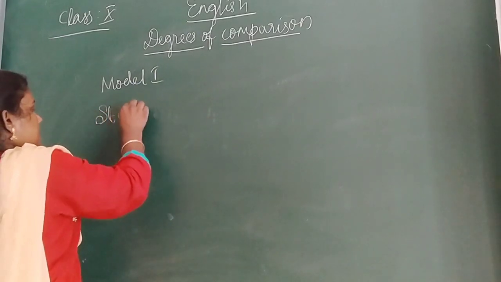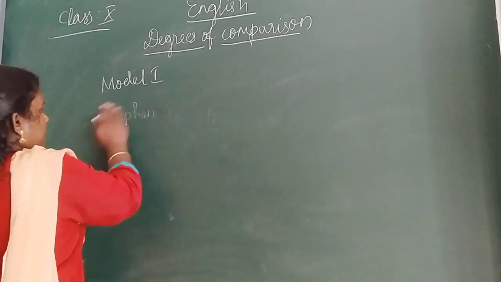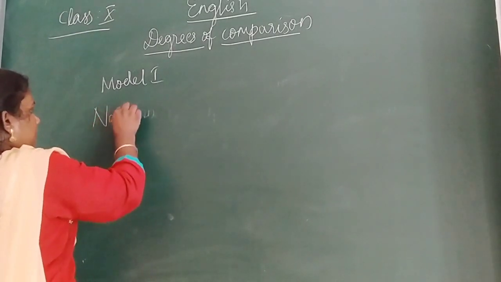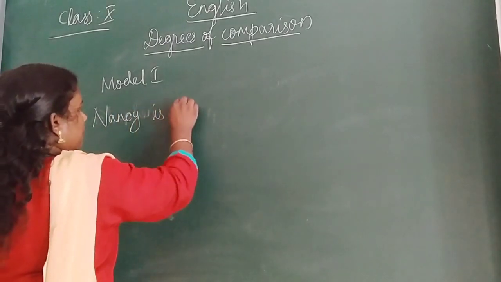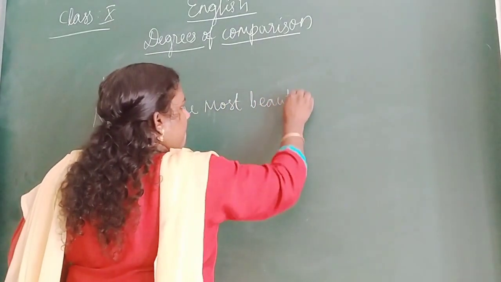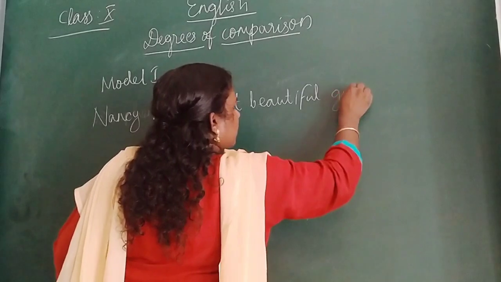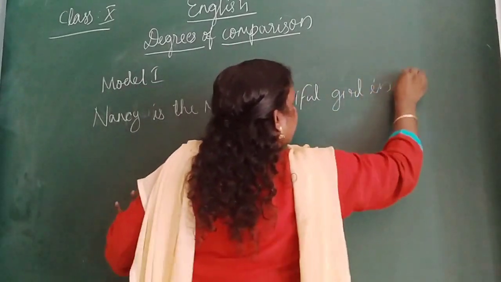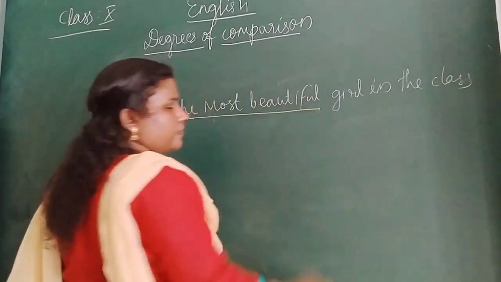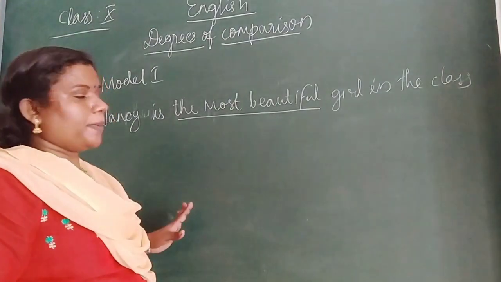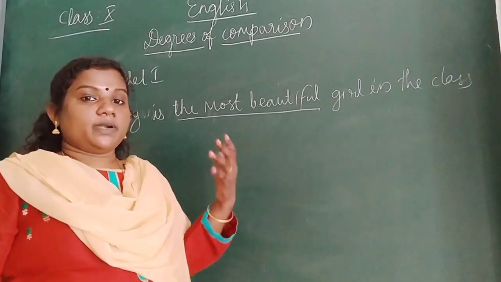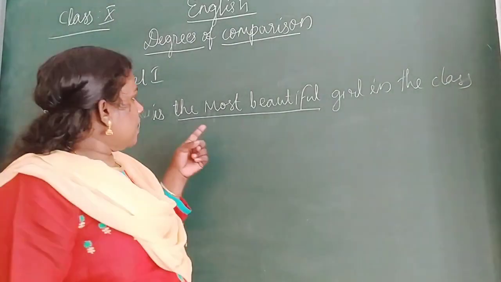The question is like this: Nancy is the most beautiful girl in the class. In this sentence, the most beautiful is the superlative form. Whenever we get the first sentence, we should check what the comparative form and the positive form are.